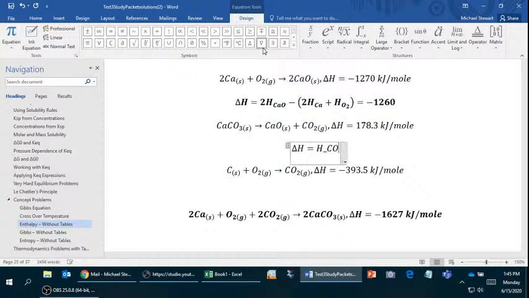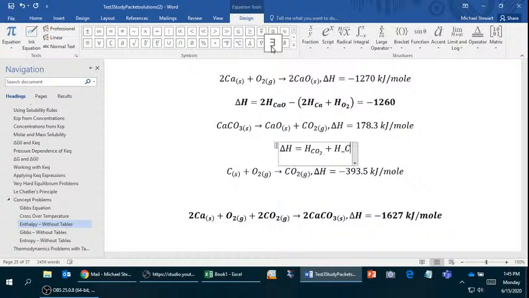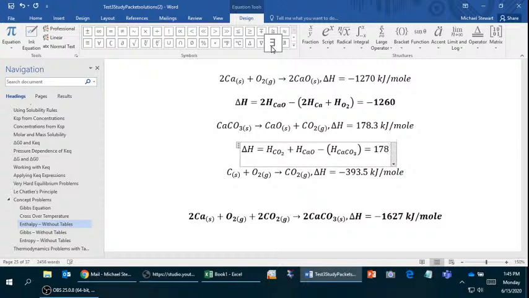is the enthalpy of CO2 plus the enthalpy of CaO minus the enthalpy of CaCO3. Again, this is going to equal whatever the reaction is, minus 178.3.